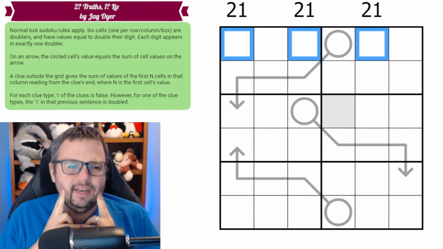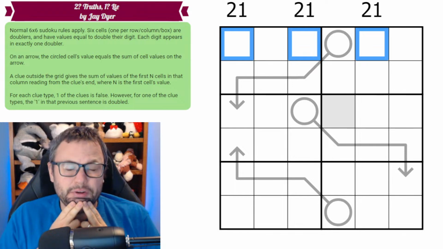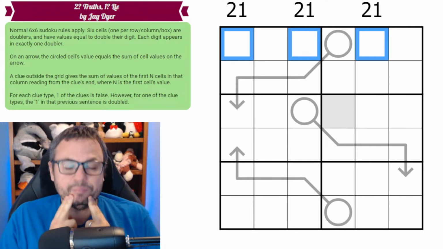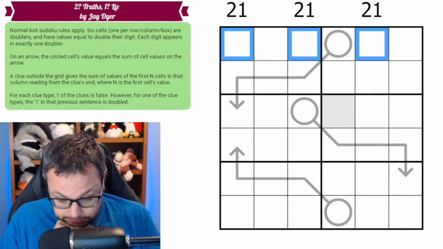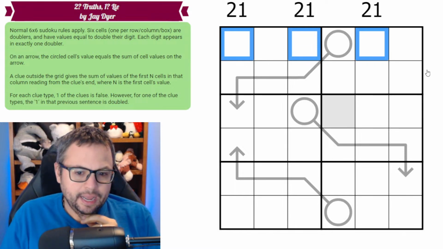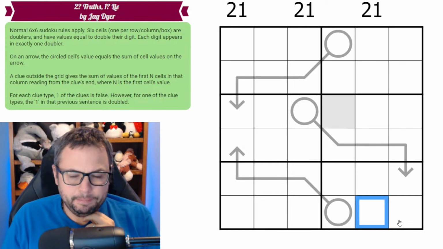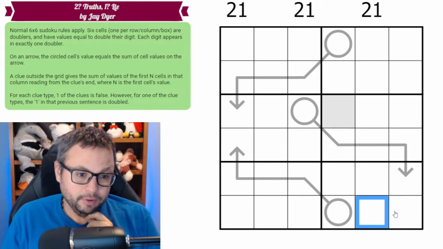If I put a naked 5, then the column itself sums to 21 plus the doubler. And so I would need this digit at the bottom to be equal to the doubler once, which is not possible.